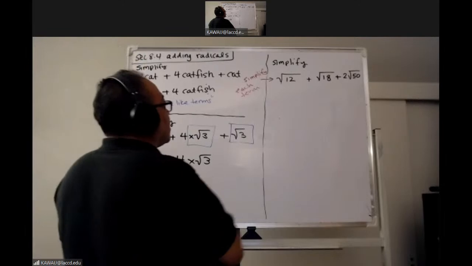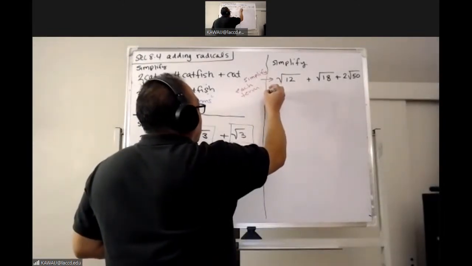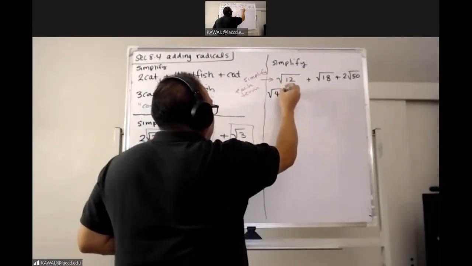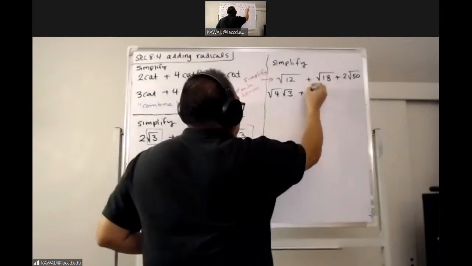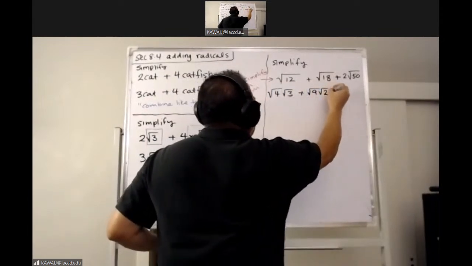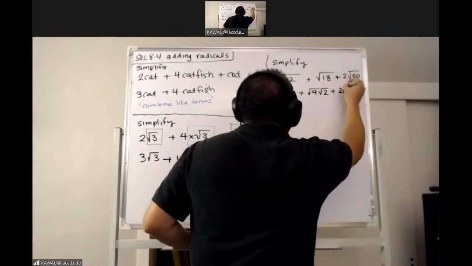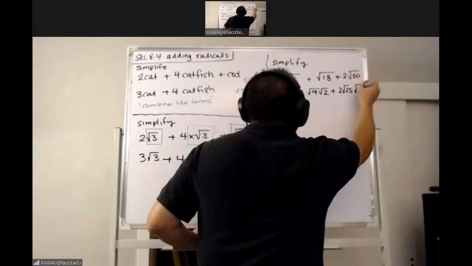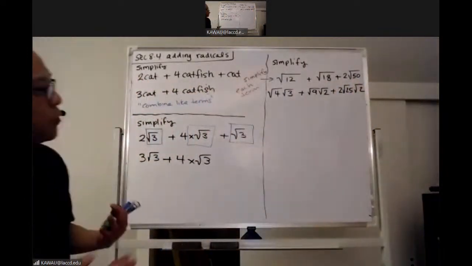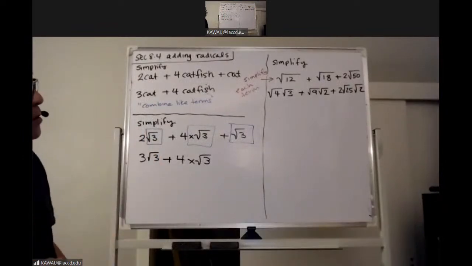Okay, so this is square root of 4, square root of 3. I'm just looking for the perfect squares now. If you had done the prime factors, you'd get exactly the same answer.